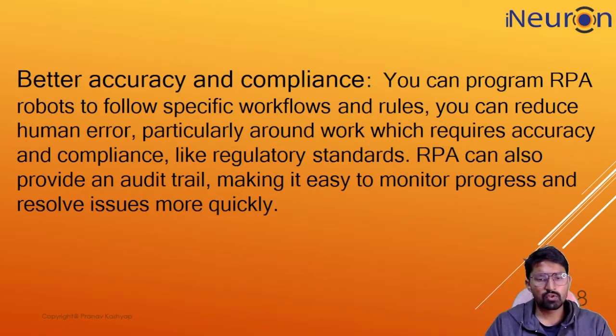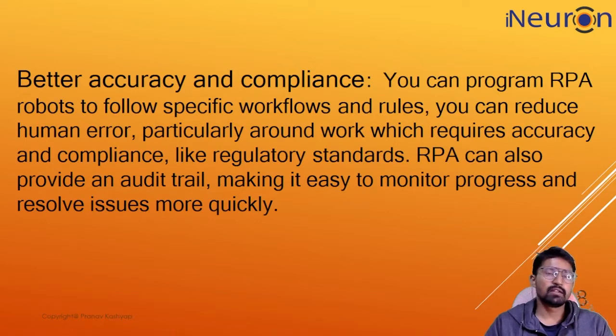We human beings, whatever task we are doing, we are not auditing it. We are not writing down what we have done. But when a bot uses the same processes, it will audit it. It will log everything so that if any issues come up, we can go back and check the errors and then work on them. So this is a very important factor that we need to take care of.